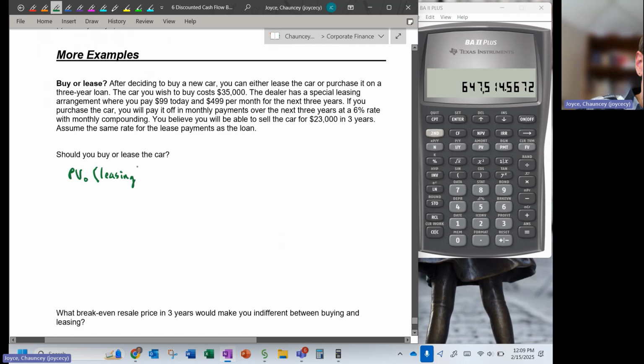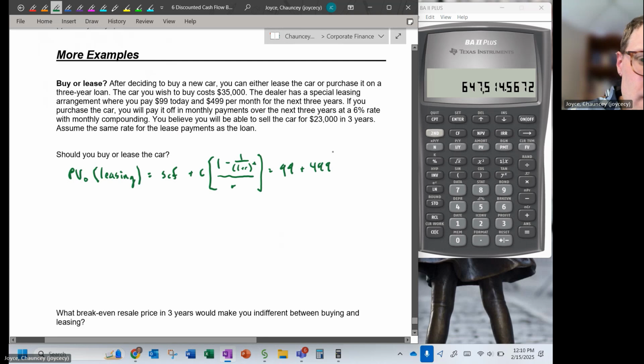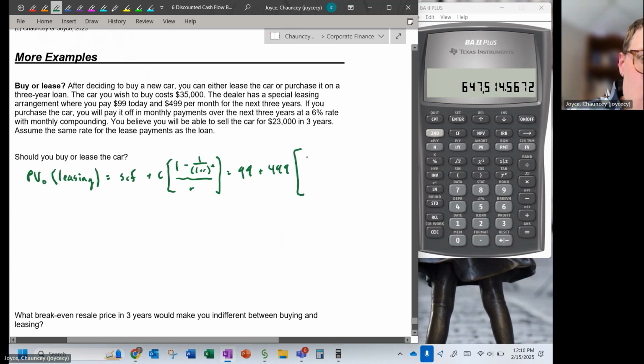So the present value today of leasing the vehicle includes a single cash flow plus an annuity. So C times 1 less 1 over 1 with R to the T over R. So if I did this correctly, it's a 99 single cash flow plus 499 times 1 less 1 over 1 with R, which is 1 plus 0.06 over 12 to the power of 36.